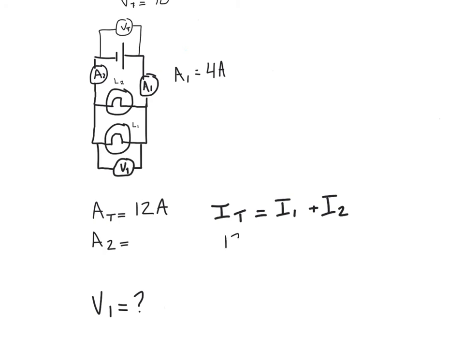Our total current is 12 amps, and our current 1, we've been told that it's 4 amps, and that's plus our current 2, which is what we're trying to find. So if we reorganize this, we get 12 minus 4 is equal to I2. And so 8 amps is equal to I2. So A2 is equal to 8 amps.